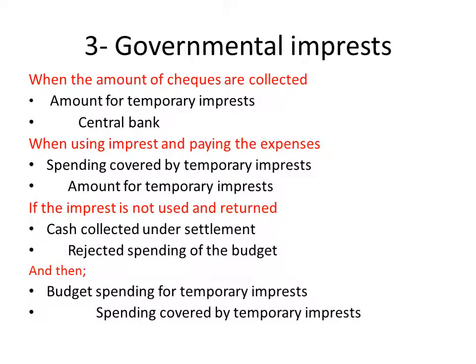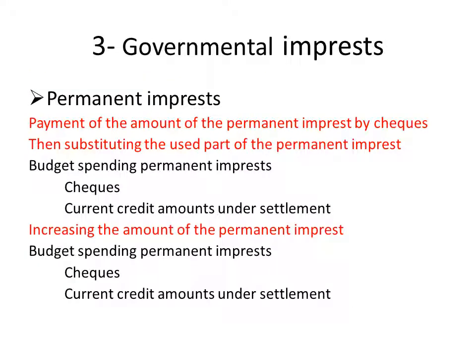And we will continue with the following entry: budget spending for temporary interest, on the credit side spending covered by temporary interests. Second, permanent interest. The process of establishing the permanent interest has two steps. The first is the payment of the amount of the permanent interest by checks, and the second, substituting the used part of the permanent interest.